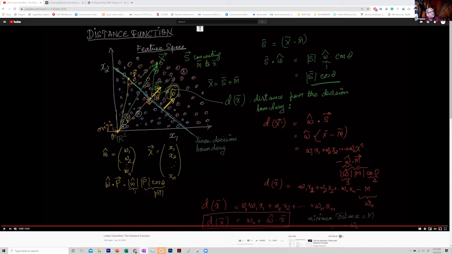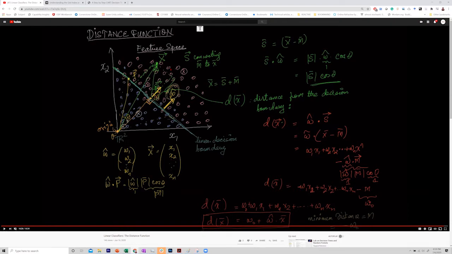The intuition is that if you take this orthonormal vector W hat, the further along you are in this direction, based on your distance from the decision boundary, this distance being positive, this distance being negative, you can tell whether it's a cherry or a blueberry.